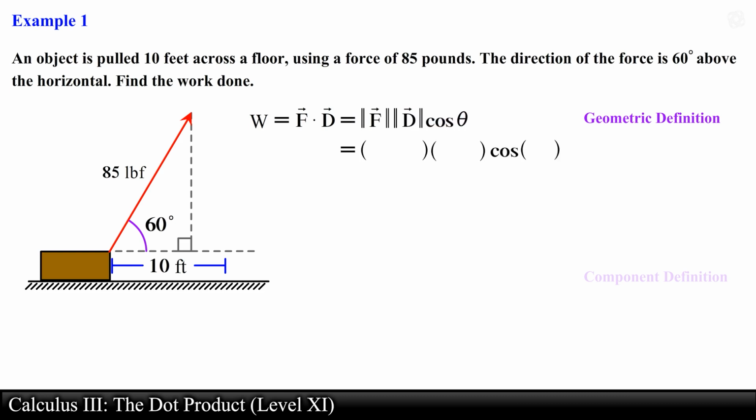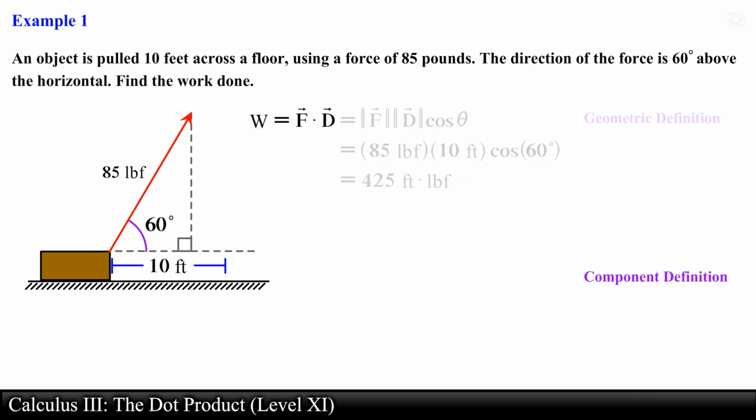We know that the magnitude of the force is equal to 85 pounds, and the magnitude of the displacement vector is equal to 10 feet. We also know that the angle between these two vectors is 60 degrees. Substituting these values and simplifying, we obtain the final answer equal to 425 foot-pound.